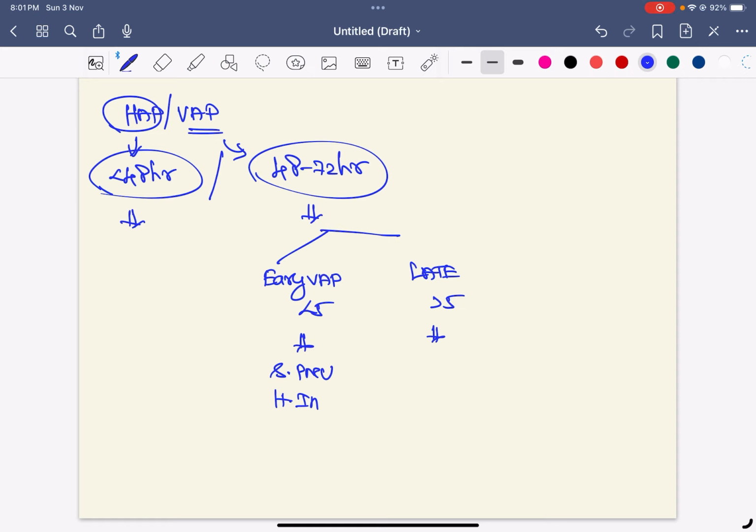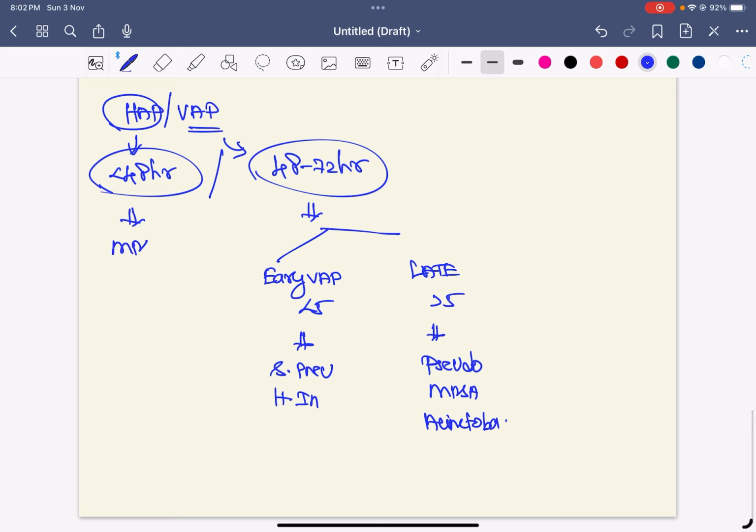Late VAP is by serious organisms like Pseudomonas, MRSA and Acinetobacter. HAP is mostly by MRSA, Pseudomonas. You prefer Pseudomonas over MRSA as the common organism causing HAP.